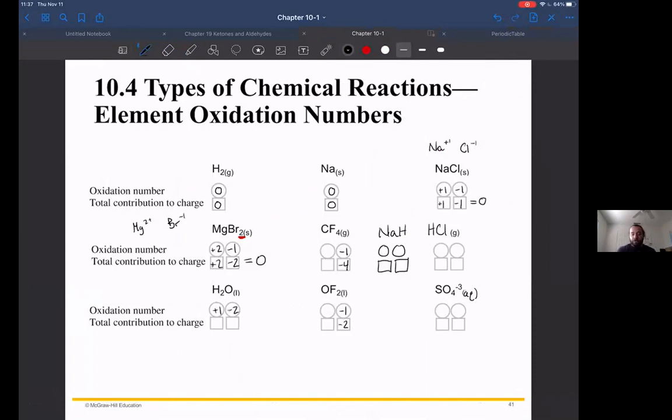That's what those rules were telling us, as well as the rule for fluorine. This also works out as it should because the net charge on a water molecule is 0, and indeed those do sum to 0.